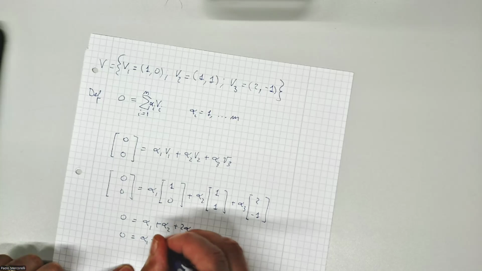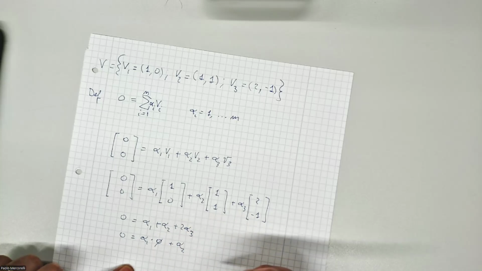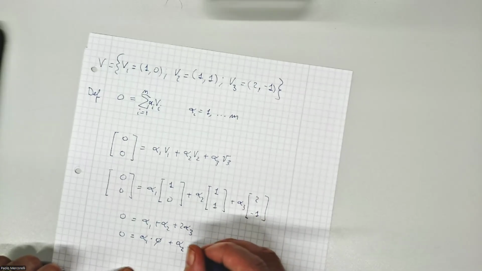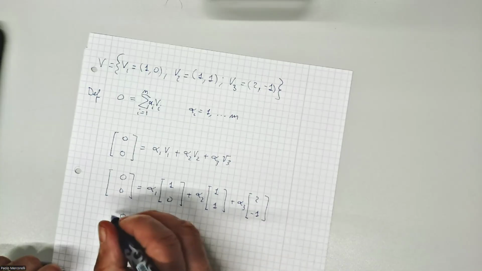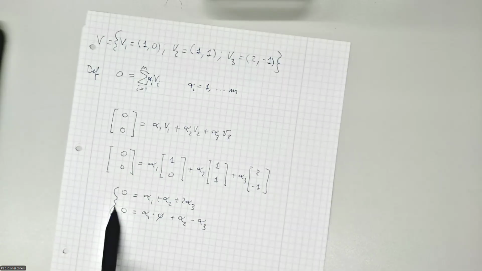Alpha 1 multiply 0 plus alpha 2. If you want to multiply 1, but let me, minus alpha 3. Please, to be formally correct, I have to put this symbol here because of the equality.